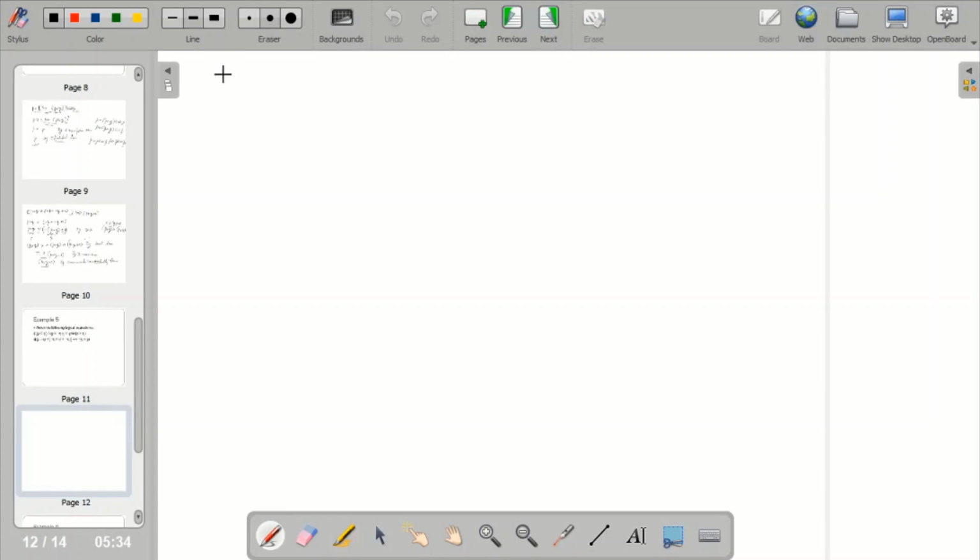The first one is P or Q and P or negation of Q, which we have to prove equals P or Q.